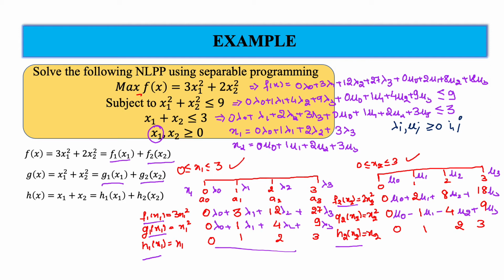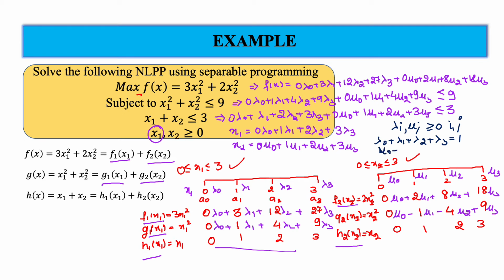Now the lambda conditions: lambda naught plus lambda 1 plus lambda 2 plus lambda 3 should be equal to 1. This we have seen in the last lecture also.